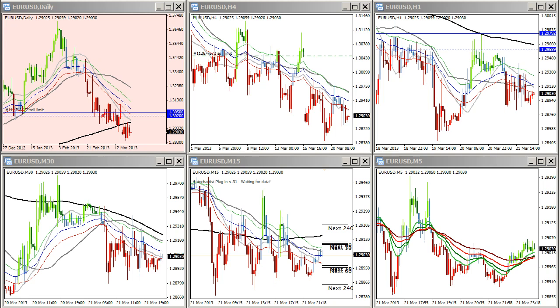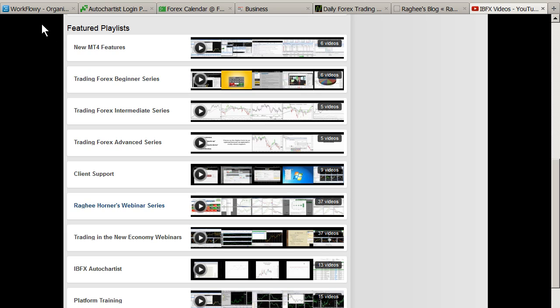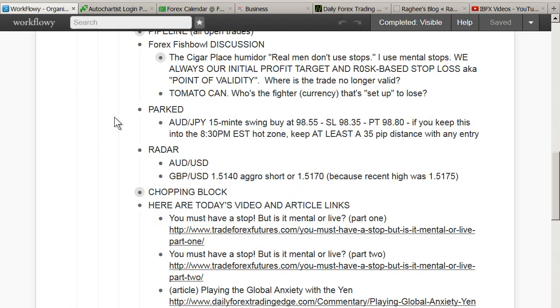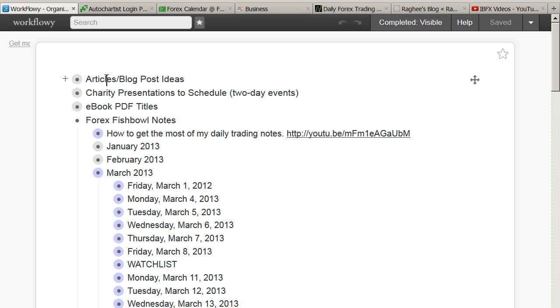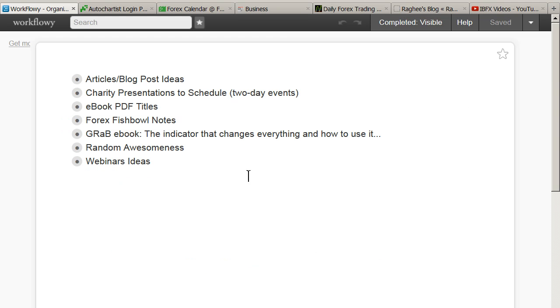Now, for the purposes of our notes here, and to make sure that you all can get access to these, one of the tools that I love using is a tool called Workflowy. I don't know how many of you have used it before. I love Workflowy. It's absolutely one of my all-time favorite tools.